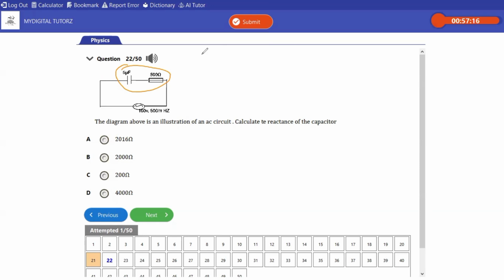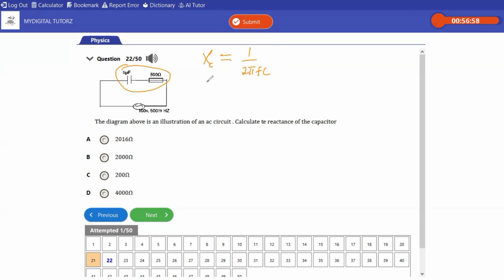So here, since you are looking for the reactance of the capacitor, that is XC, right? And the formula is equal to 1 all over 2 pi FC. C is the capacitance of the capacitor, and F is the frequency.